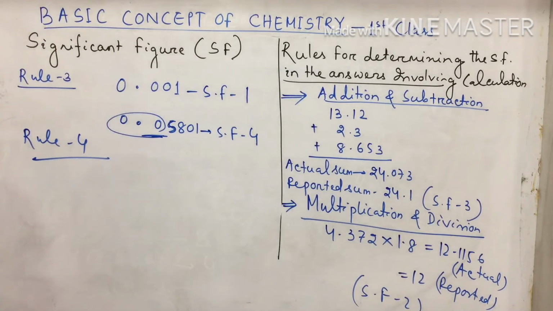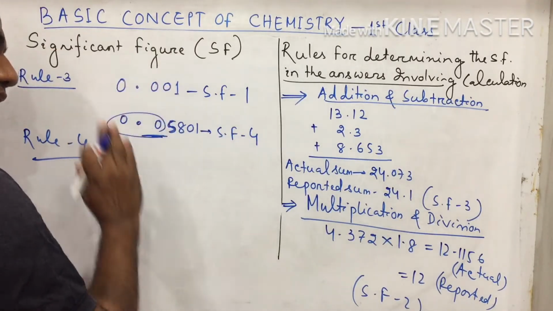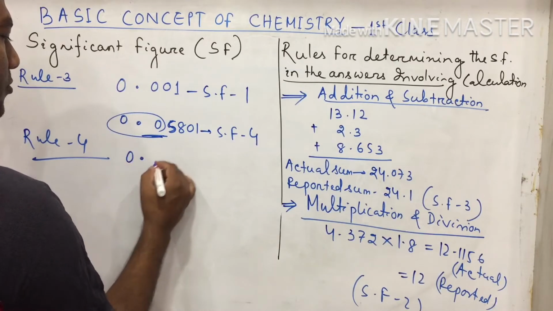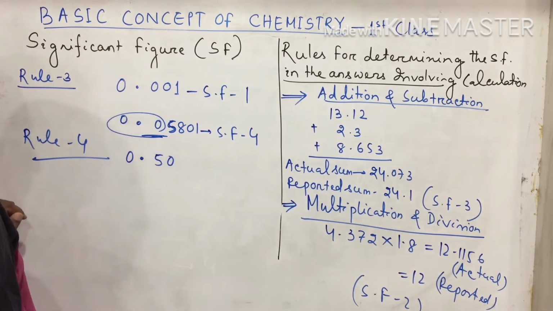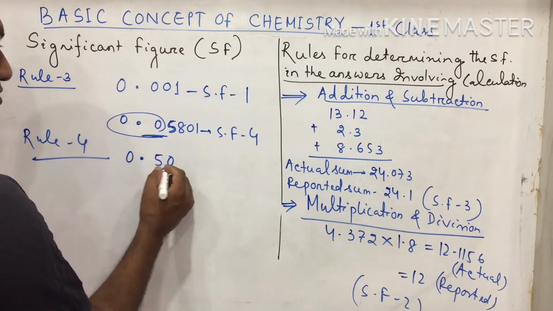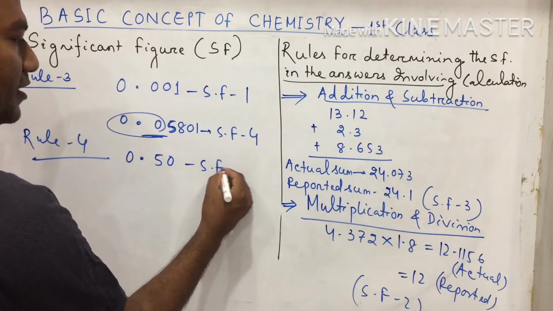Then next is rule 4. 0 after the decimal point, after non-zero digits, are significant. Means suppose 0.50. This 0 is significant, so its significant figure is 2.